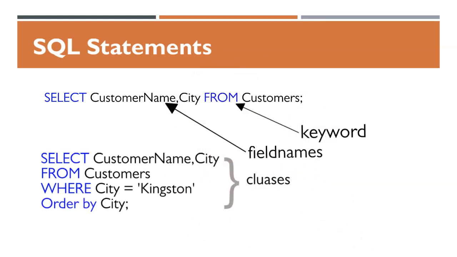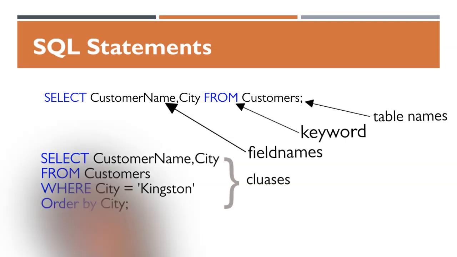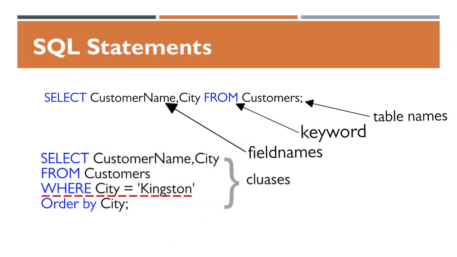Field names, which let us refer to fields or columns of data whose value we want to use. Table names, which tell the database which table to use. And predicates, which we use to specify the information or condition we're looking for. Predicates include a value or condition called an expression. A clause can be a statement if you are writing a really basic one.